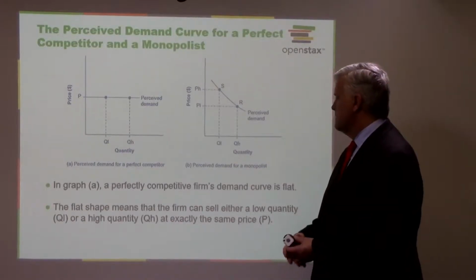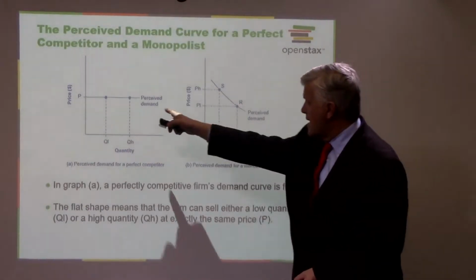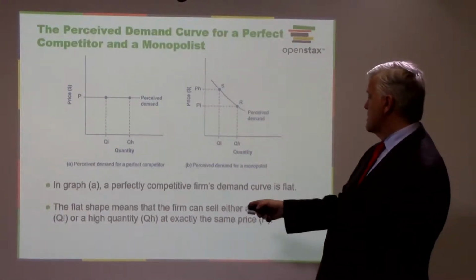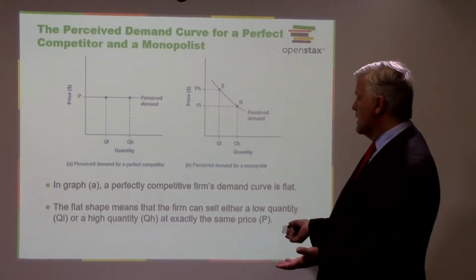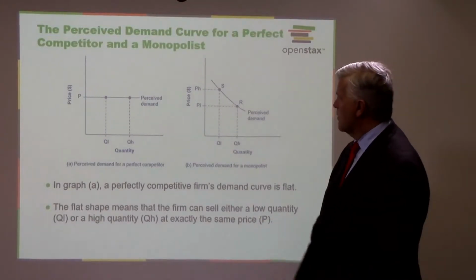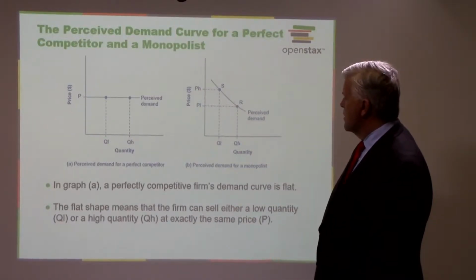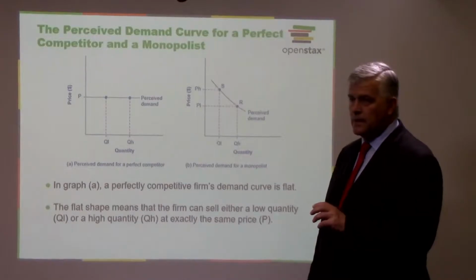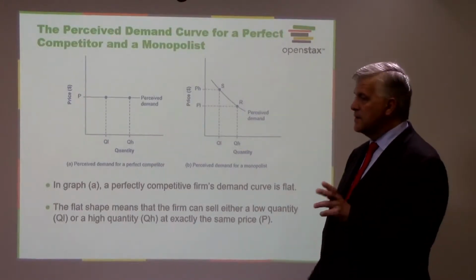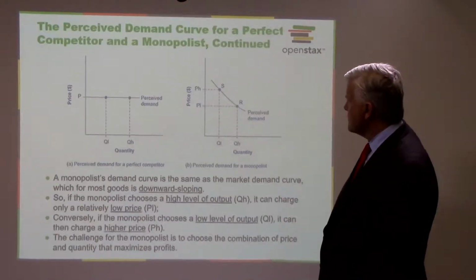So the flat shape over on the left means that the firm can sell either a low quantity or a high quantity at exactly the same price. But over here, this demand curve is showing for the monopolist that price and quantity demanded are inversely related.